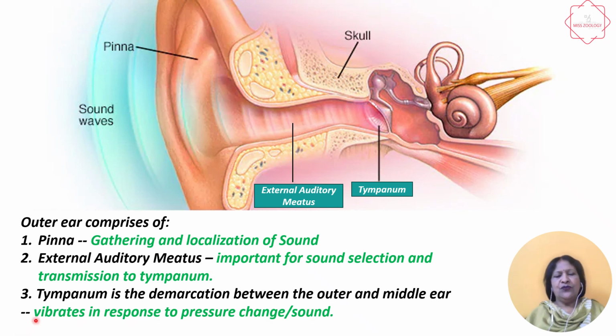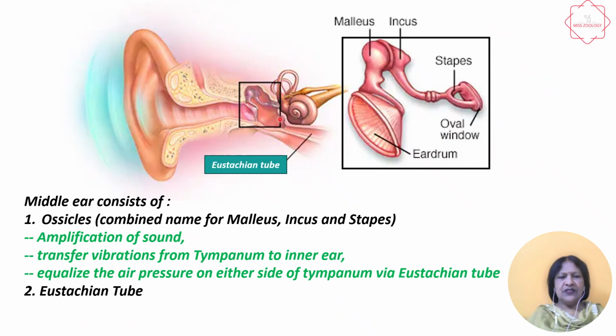This is also found to vibrate in response to the pressure changes or the sound waves that are perceived by the external auditory meatus. And the focus now is the middle ear. The middle ear, which is shown more magnified towards the right, consists of the three smallest and hardest bones in your body.